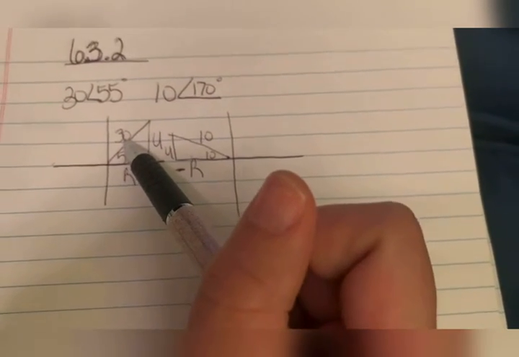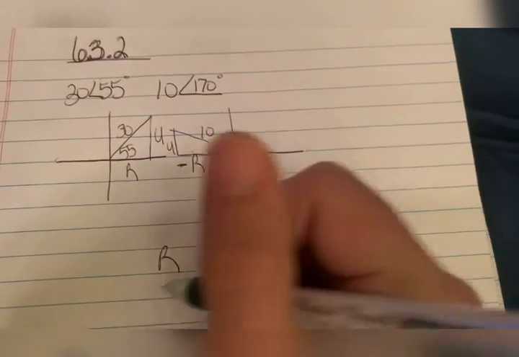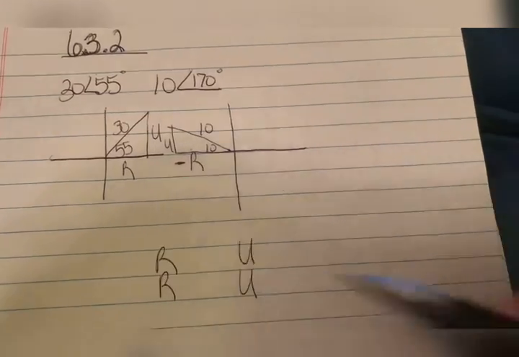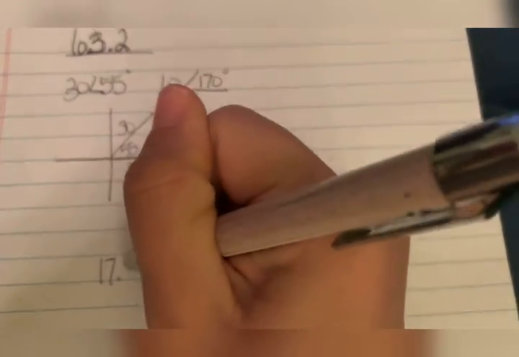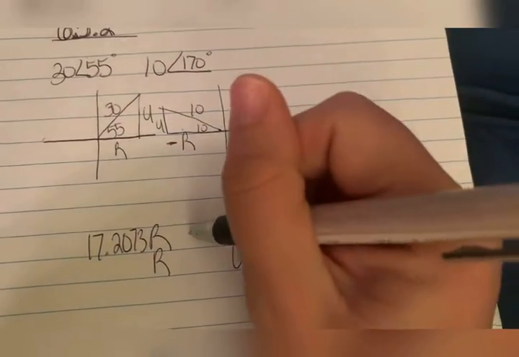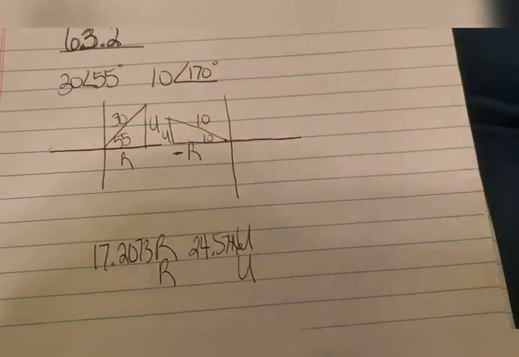You should end up getting your r and u. Your r on this one should be 17.2073. Your u on this one should be 24.5746, okay?